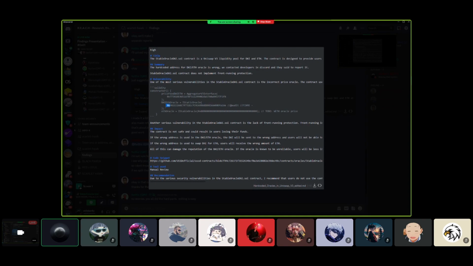And the funny part is, it was pulling the price from a completely different pool, and then it was depositing to this one, which was very strange. And obviously that's giving a completely different price for what you're going to get. So basically that's our three findings.